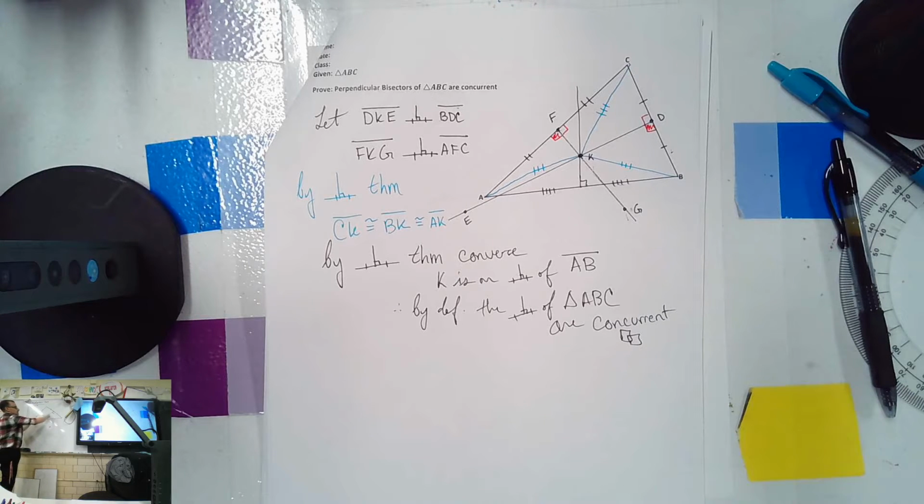I know this is a bad drawing. And if I know this is on this perpendicular bisector, it's equidistant from these two points, so those are all the same. And then if it's equidistant from these two sides, it must be on this guy's perpendicular bisector, right? So they're concurrent at K.